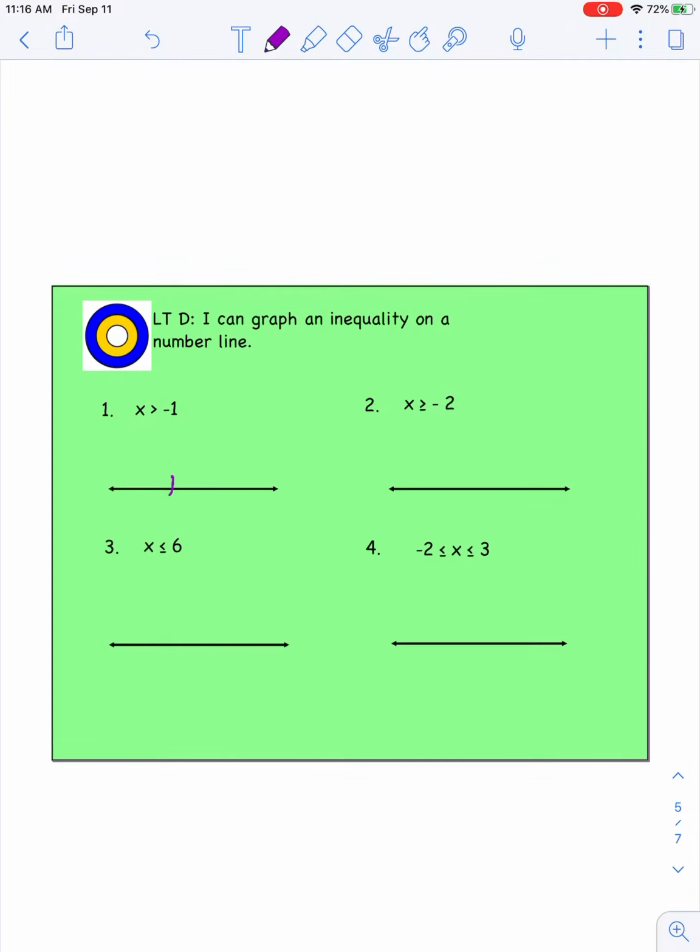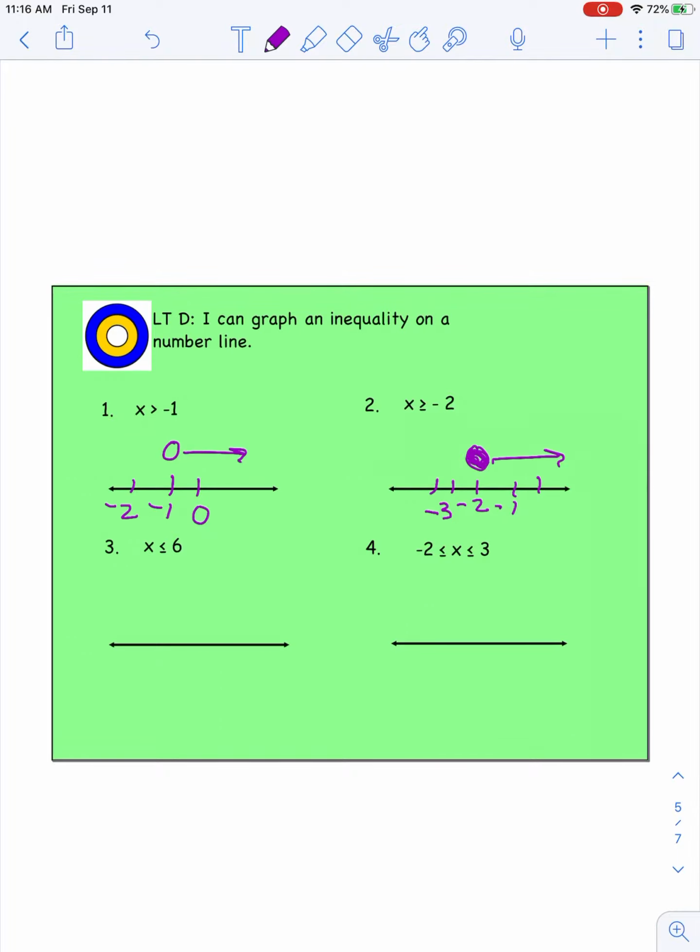So for this first one, again, make sure you have -1, and the difference from what we graphed before is that our values are going to the right because we want the values larger. Okay, what's different about this next example is that our circle that we have at -2 is shaded because of the equal.